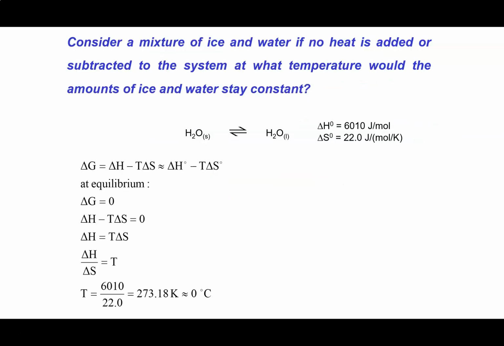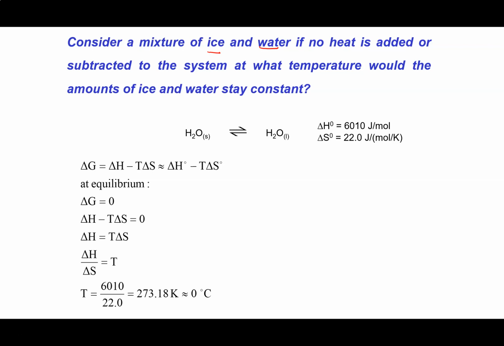So let's look at an example of a system that's at equilibrium. A classic example of this is a stable mixture of a liquid and its solid at the melting point or at the freezing point. We're going to take a mixture of ice and water, and we're neither adding nor removing heat.